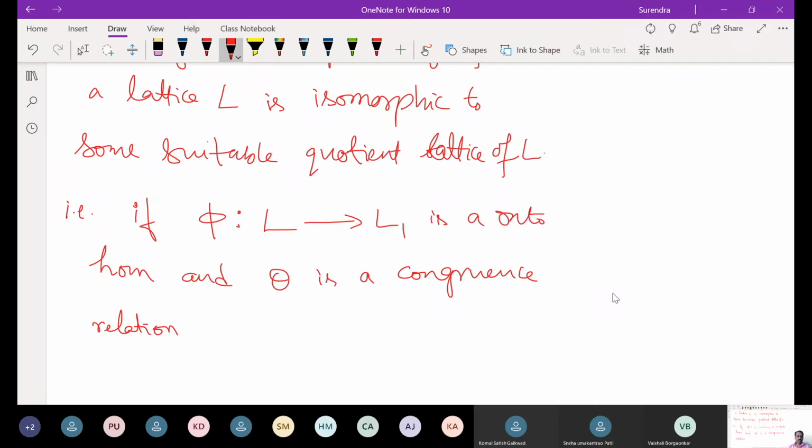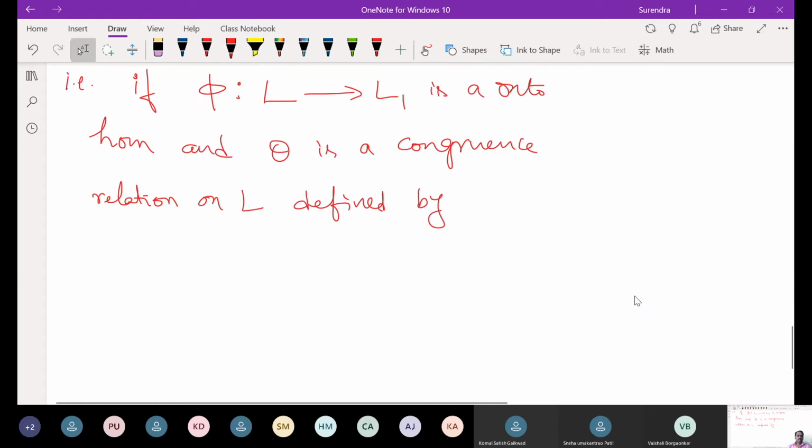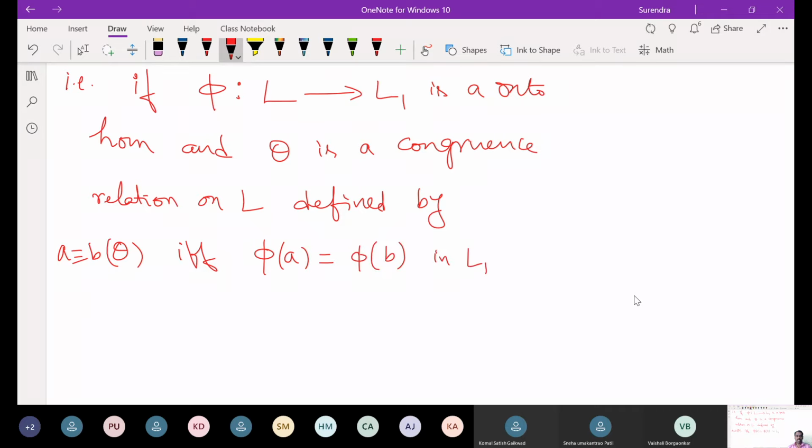So whenever theta is a congruence relation on L defined by A is congruent to B modulo theta if and only if their images are the same, that is, phi of A is equal to phi of B in L1, then L modulo theta is isomorphic to L1.